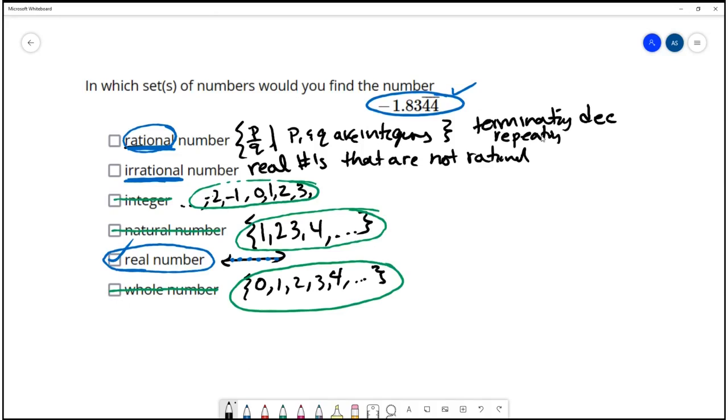Because it has a repeating pattern, it will be a rational number. If your decimal form is infinite and non-repeating, then we would put it in the irrational numbers. So this is a rational number and a real number.